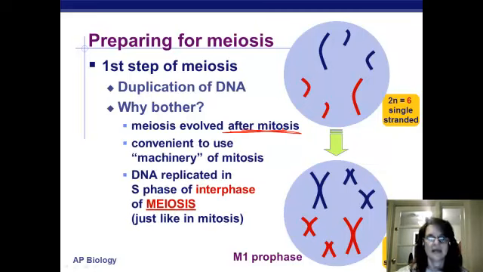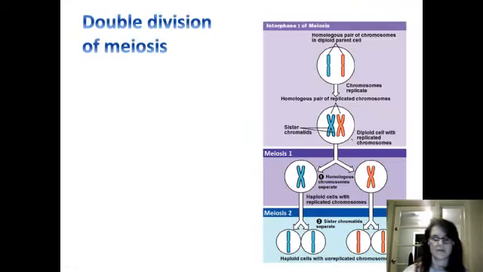We are going to, again, during the S of interphase, turn these single-stranded chromosomes into double-stranded ones. And all of meiosis is going to be about then cutting this chromosome number in half. Okay? So the way we're going to do that is we're going to divide twice.